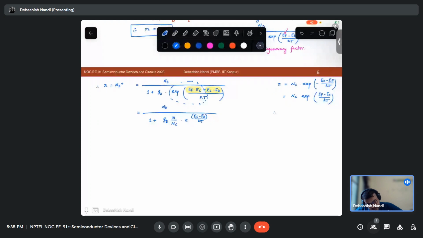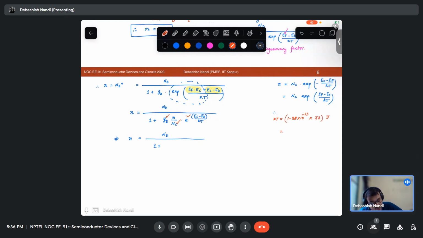So now we have N equals Nd over 1 plus, now this I know, and this also I know, because Kt I know. What is Kt? Kt is equal to 1.38 into 10 to the power minus 23 into your T, which is 77. This is in joules.